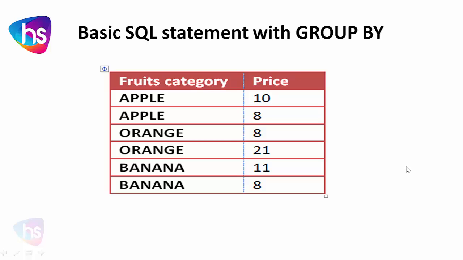A basic SQL statement with GROUP BY: here there is a fruits category. Apple, orange, banana. Three categories of fruit, with duplicate values in each category. For apple, there are two rows, whereas orange and banana follow respectively. How do we handle such duplicate rows in a database?